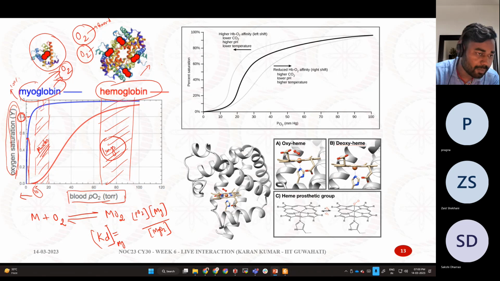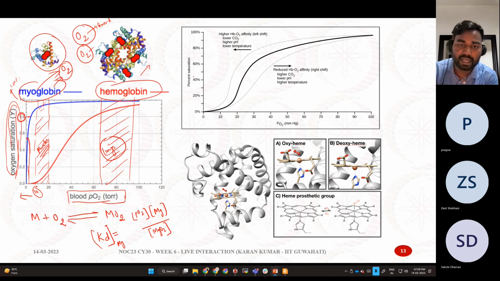That means myoglobin will bind the oxygen more strongly. It has higher binding affinity and a lower dissociation constant. Lower KD means higher binding affinity.